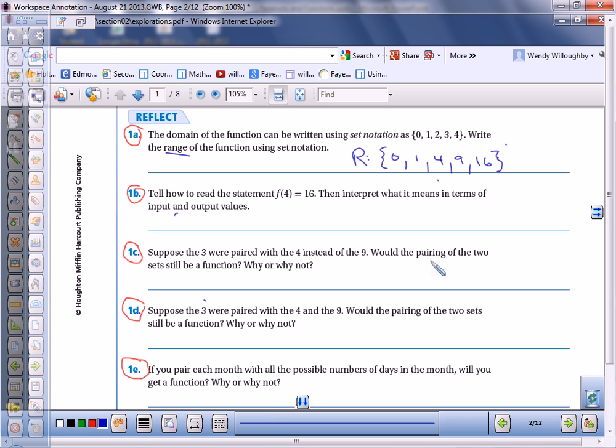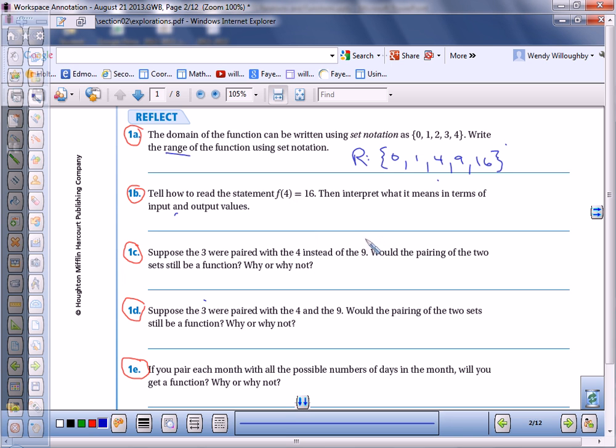Tell how to read this statement. Who would like to read that for me? Shelby? F of 4 equals 16. Matt, would you like to tell me what that means? F of 4 is equal to 16. So, when your input is 4, how would you finish that statement?